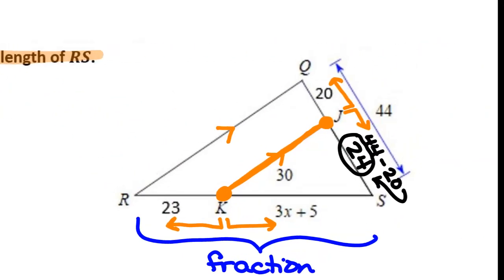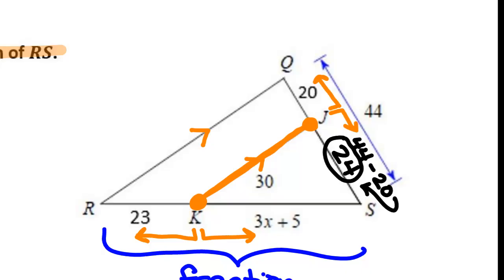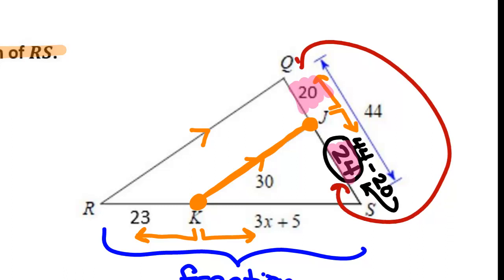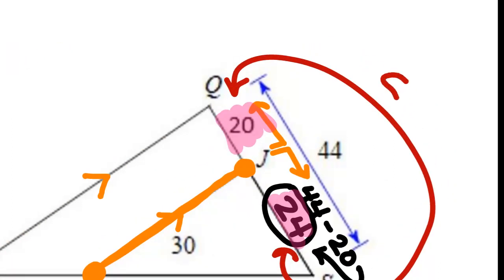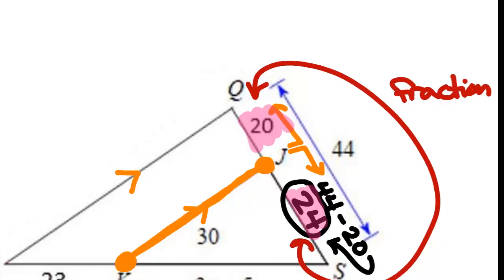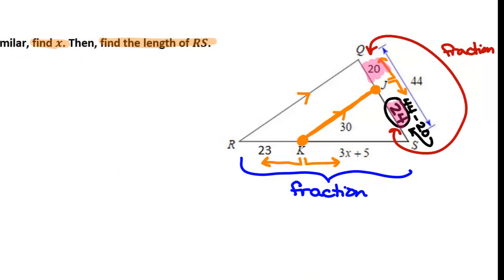Equals, and then I do the same thing with these 2 pieces over here. With the 20 and the 24, we're going to make a fraction. Which one should go on top? So I have to make sure I set this up right. Which one did we put on top over here?